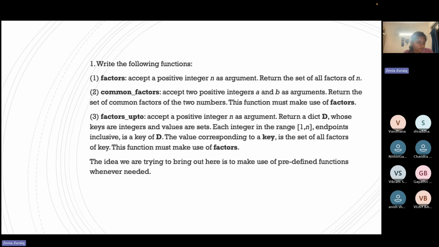Did anyone get the solution or partly got the solution? Okay, we can maybe slowly go to the solution.